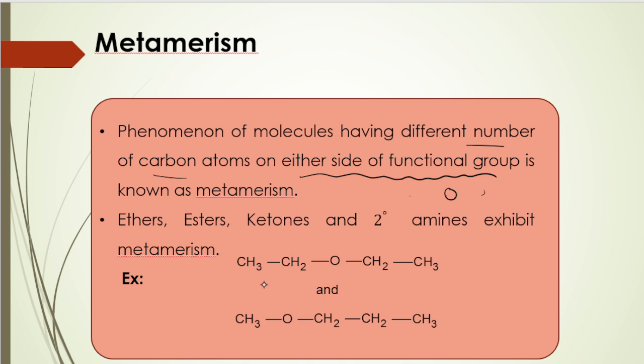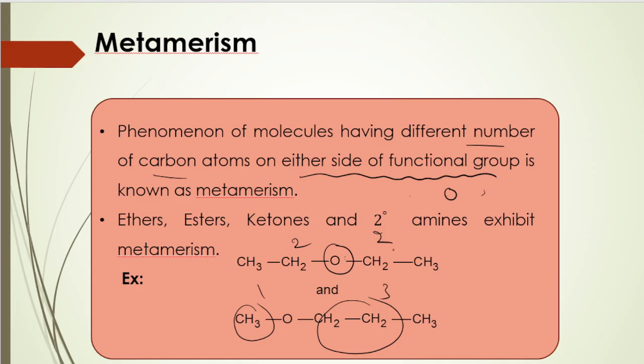If we consider CH3CH2OCH2CH3, on either side of this functional group the number of carbon atoms is 2 and 2. Here if we consider this one, this is 1 and 3. So they greatly differ by their number of carbon atoms on either side of the functional group. Then that type of isomers are said to be metamers.